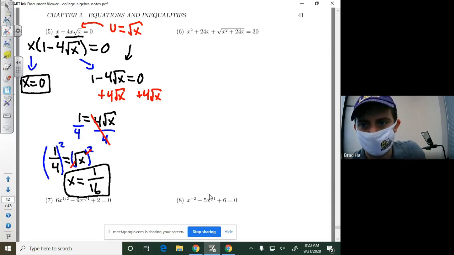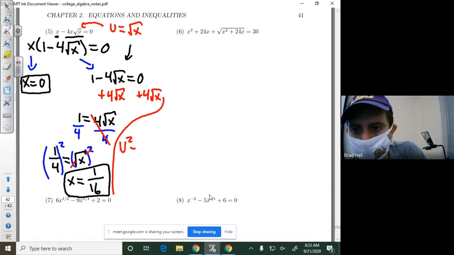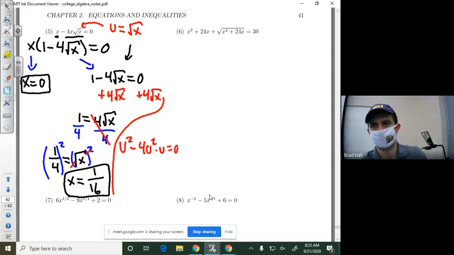And then you would have, I'm not going to work it out, U squared minus 4U squared times U is equal to 0. So a little different, but that's how U substitution would have been applied, which may not be as natural in comparison to the other problems which we work on.